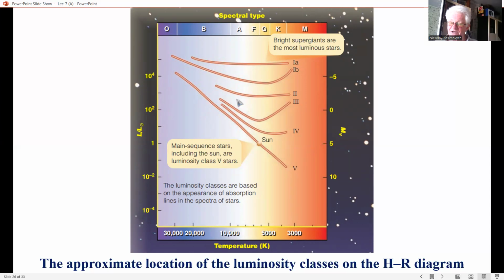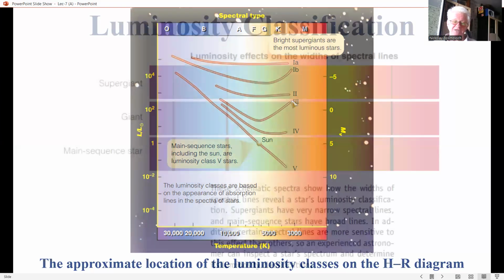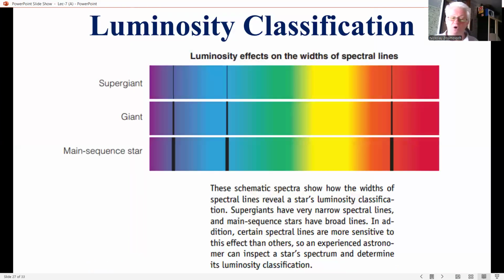Giant stars, class 3, have sharper lines, and supergiants, class 1, have extremely sharp spectral lines. Astronomers can use the locations of the luminosity classes in the HR diagram to estimate the distances to stars, in a technique called spectroscopic parallax.